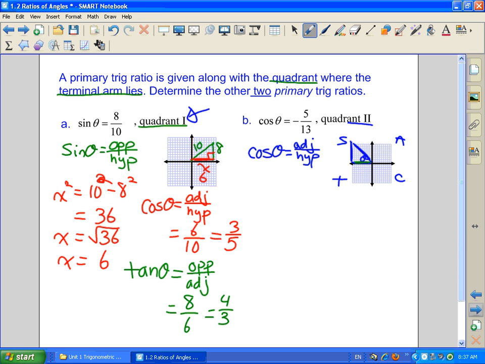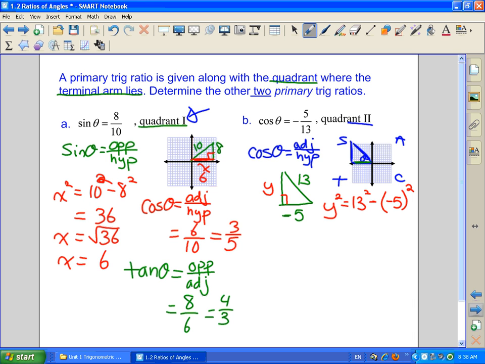When you set up your diagram, this is actually the -5 value. We also have the hypotenuse, which is 13. What we need to find is the y component. We have a 90-degree triangle, so we're going to use Pythagorean theorem. So y squared equals 13 squared subtract -5 squared.